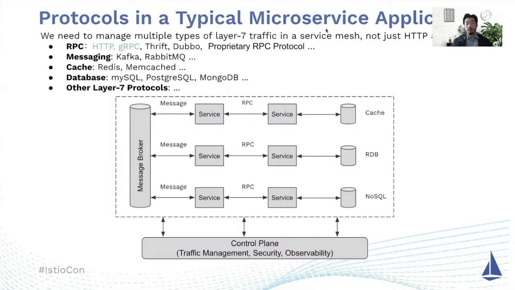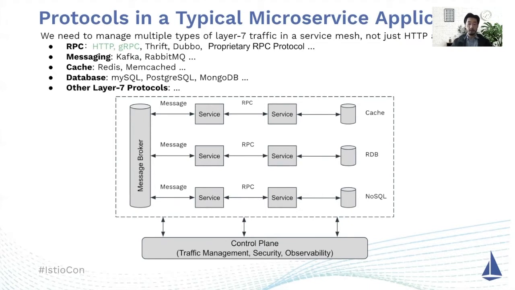So let's take a look at a typical microservice application, like this diagram. What kind of protocols do we have in this application? We usually have a number of, sometimes even a dozen, layer 7 protocols in a microservice application. Inter-service communication is often done through RPC-style protocols, such as HTTP, gRPC, Thrift, Dubbo.